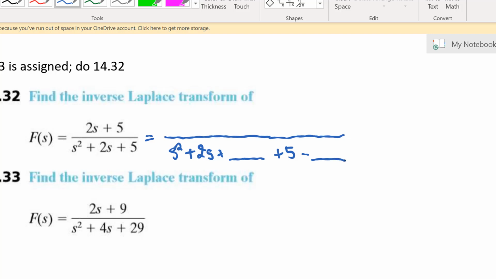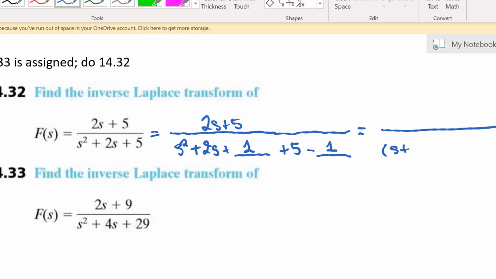So I'm just adding and subtracting the same number. Okay, half of the middle coefficient is 1, square it, I get 1. So now I can write the denominator as s plus 1 squared plus, and then 5 minus 1 is 4.